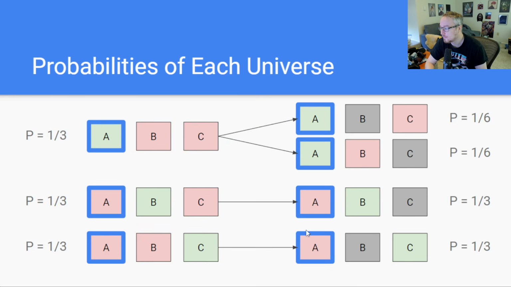In the universes where the sports car is behind the other door, if you switch, you always get it. The way the game show host opens a door means you always get the sports car if it was behind another door. You're basically choosing both of the other doors, essentially.